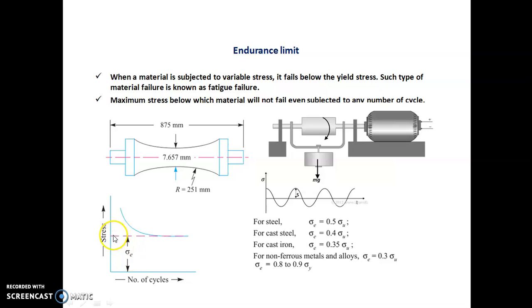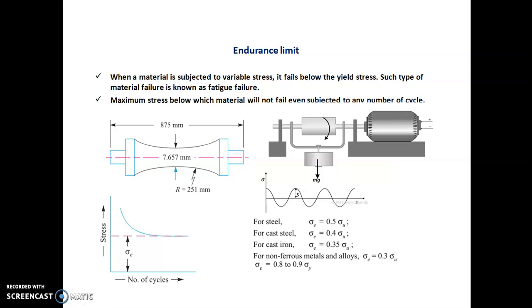We have studied different types of stresses: tensile, compressive, shear, torsional shear, but this is a different type of stress, the fatigue stress or endurance limit stress, denoted by sigma minus 1 or sigma E. It occurs due to variable stresses under dynamic loading, in moving parts.